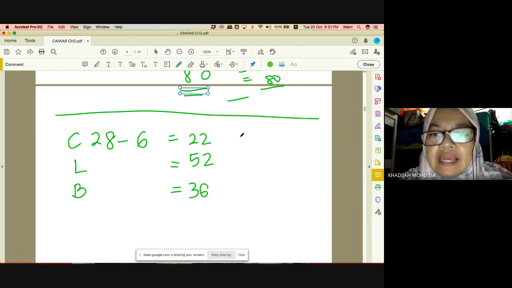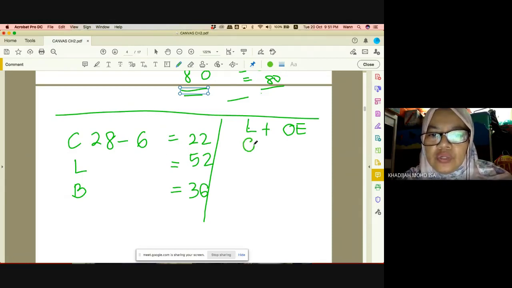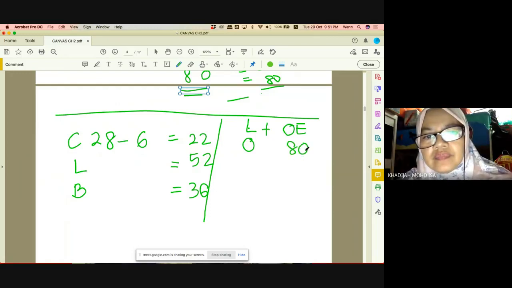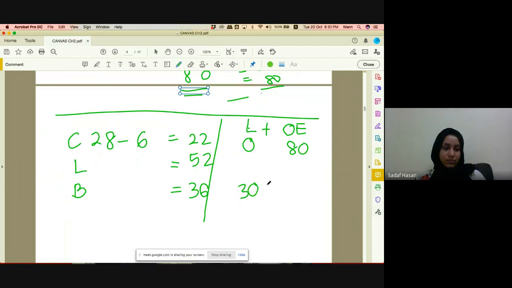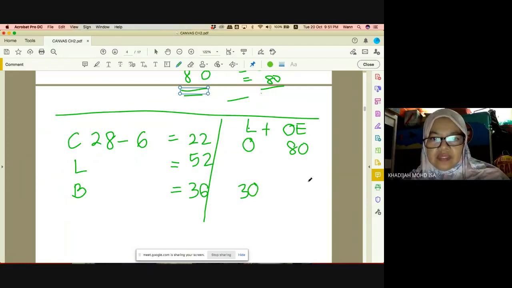Right? On the other side, how much is your liability and owner's equity? As at this date, you had zero liability and OE is 80, right? But now you have a liability increased by 30. Why 30?